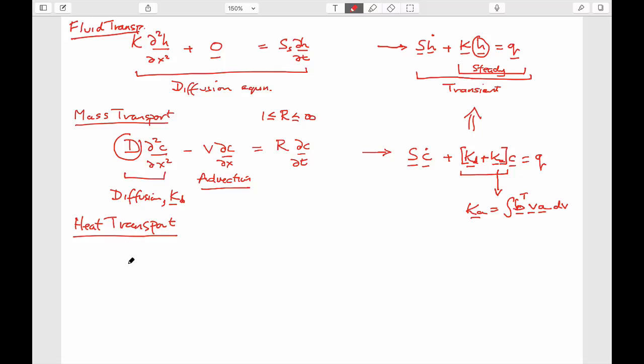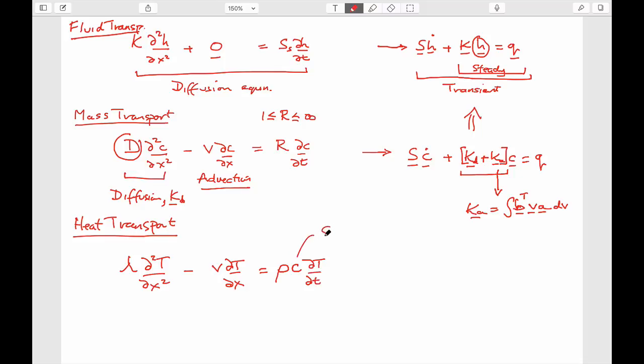And so if we write that out in terms of thermal conductivity, the dependent variable is temperature and how that varies in space. There's a component which is a term which is the velocity, again the advective velocity, change in temperature with location, and a capacitance term which is the density and the specific heat capacity multiplied by a rate of change of temperature with time.